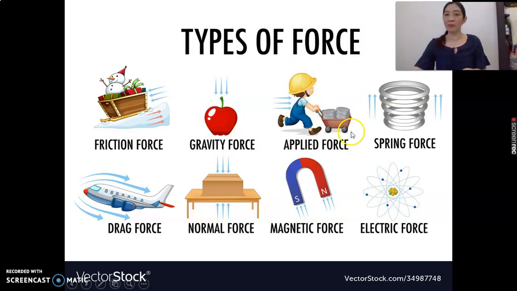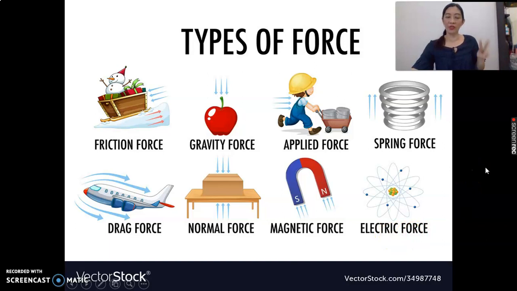But these types of force fall into two categories. Again, the types of force are friction force, gravity force, applied force, spring force, drag force, normal force, magnetic force, and electric force.